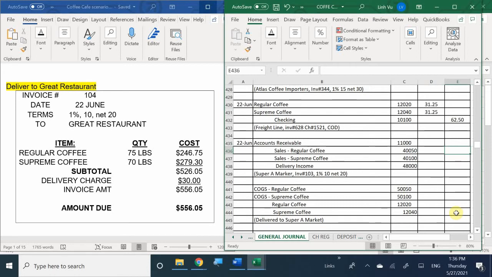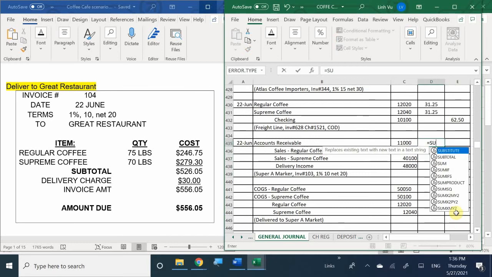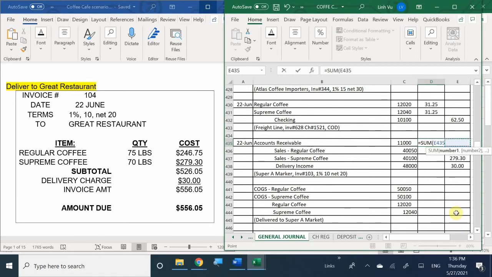The coffee is going to be $246.75. Supreme coffee is going to be $279.30, and our $30 delivery fee, for 556.05. Yes. Okay, 556.05.